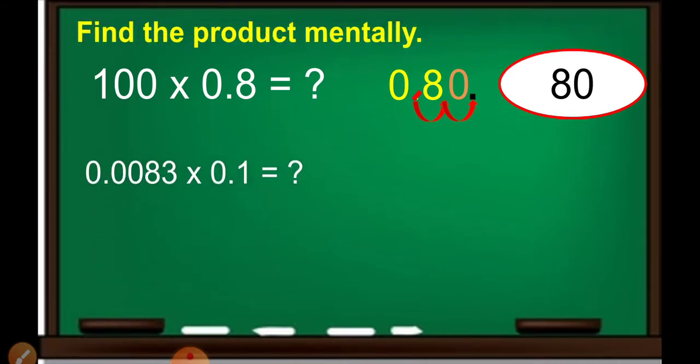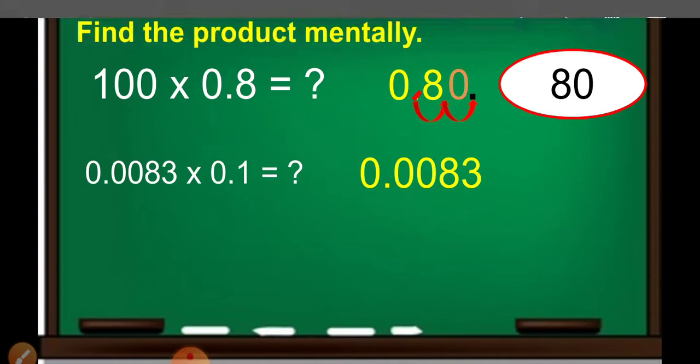0.0083 times 0.1 is equal to blank. So what is the answer? Okay, the answer is 0.00083. So how? Let us write 0.0083 because the given power of 10 is 0.1. So we will move the decimal point 1 place to the left.